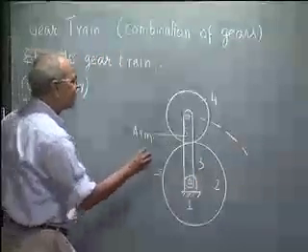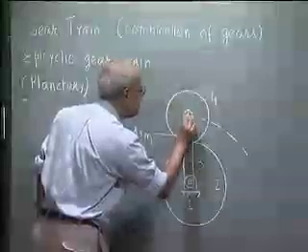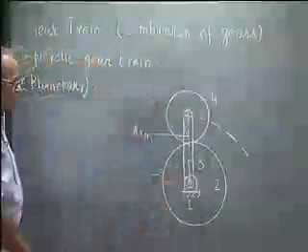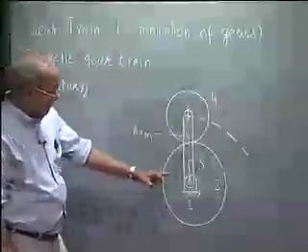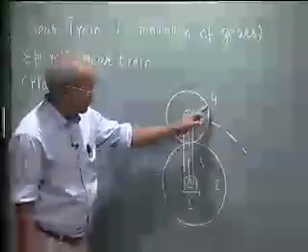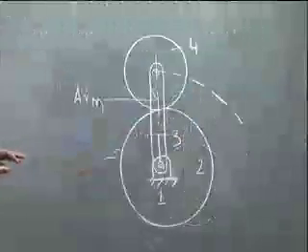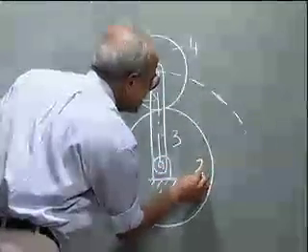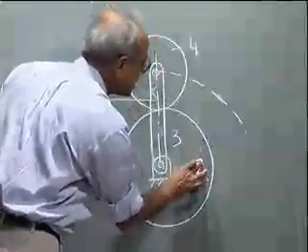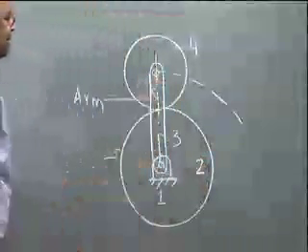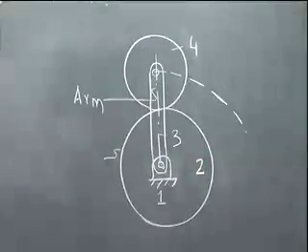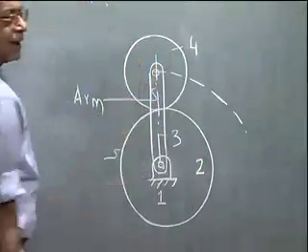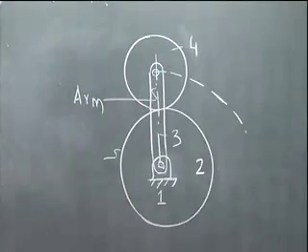Towards that, we want to study the relative motion between 2, 3 and 4. And as I said, it has 2 degrees of freedom, so only 2 input speeds are necessary to fix the output speed. So we say we give input to gear 2 and gear 3, and what is the speed of gear 4?